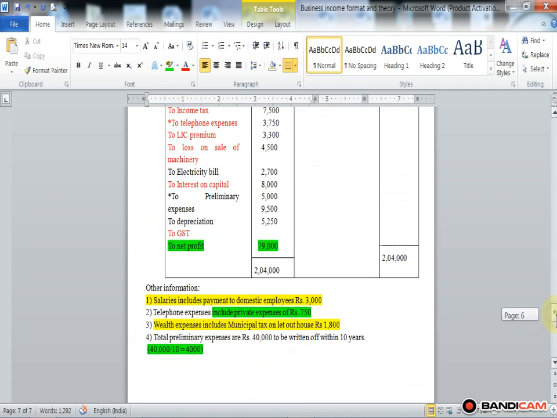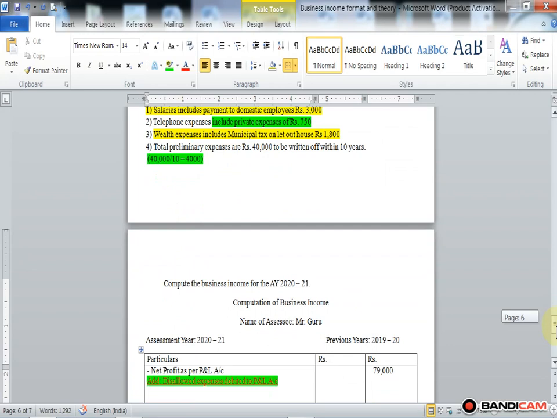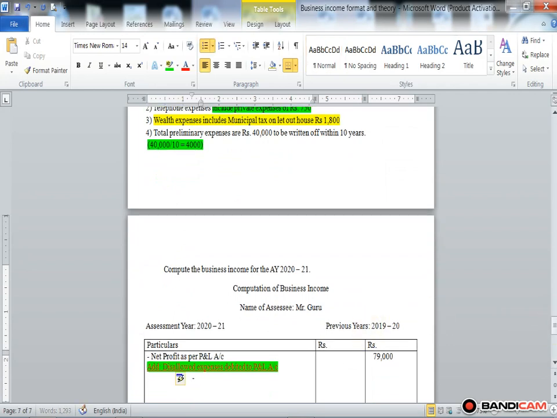First start from the adjustment. Salary includes payment to domestic employee, it is a personal expense. So here, salaries to domestic servant or employee amounted to rupees, in the inner column, that is 3,000.